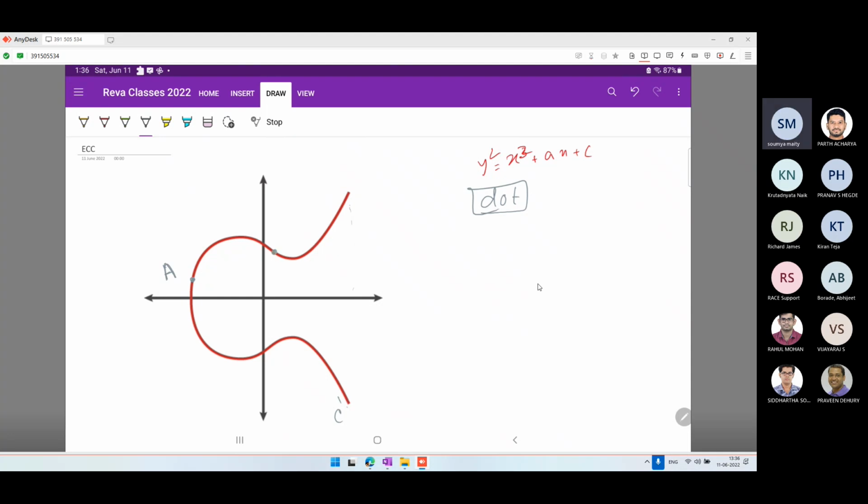Let's take this one as B. If you connect these two points, it will cross some other point on this curve, which is C.